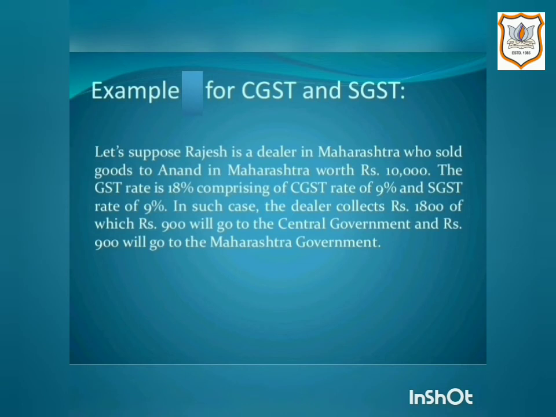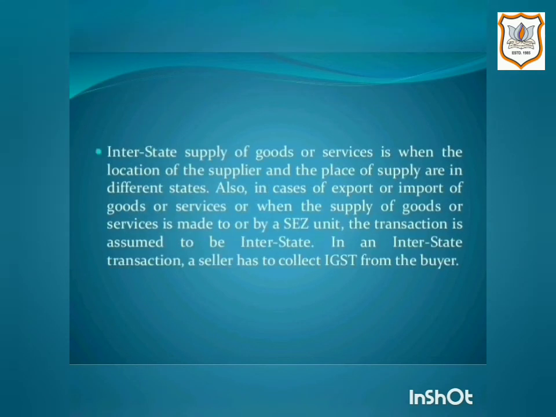In this example, you can see here both buyer and seller belong to same state, that is Maharashtra. So here entire GST will be shared by central government as well as state government equally. Here 1800 is equally divided 50-50%, that is 900 and 900. Now let us understand what is interstate supply.